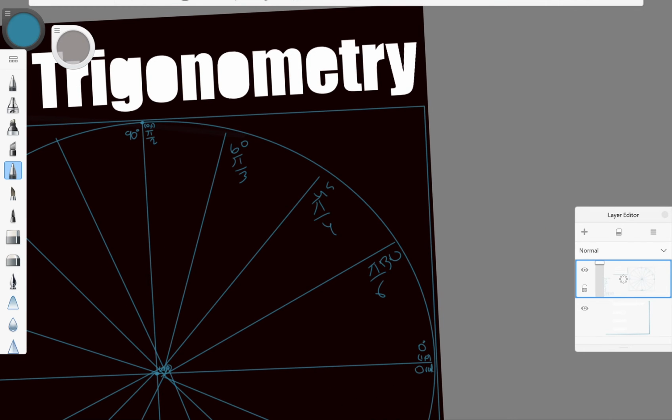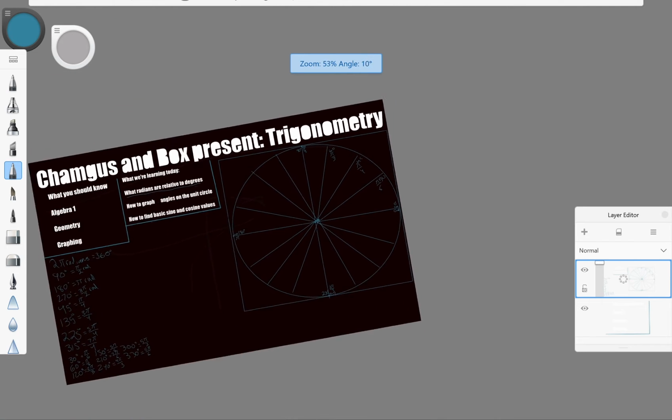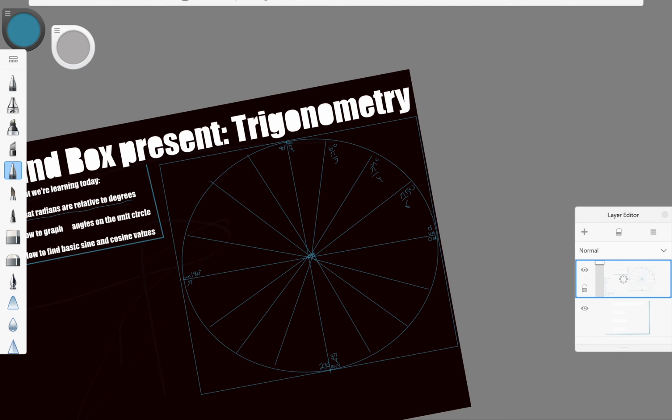Now let's begin with our actual trigonometry. First let's find angles in the unit circle, which will be like a 2-minute lesson. Let's find, how about 2 pi over 3? Our goal here is to not think about what angle is 2 pi over 3, but think about how we can find it.